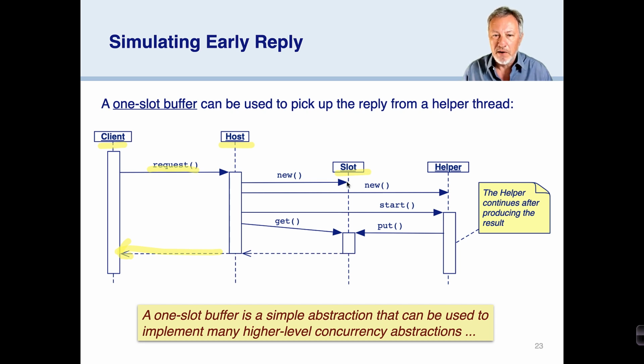So the host creates a one-slot buffer and creates a helper, and the helper has access to the slot. We then start the helper, and the helper at some point produces the result, places it in the slot, the host gets it and can return it. The helper then can continue executing after this point. Of course, any synchronization that we need to keep on the host should still be there.